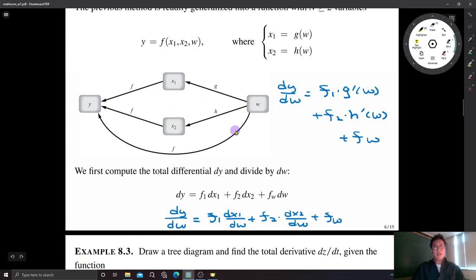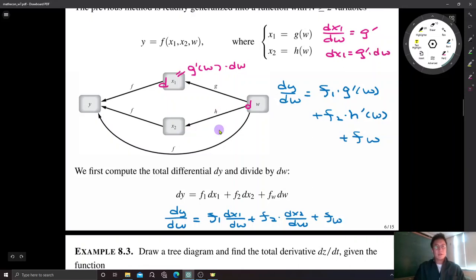So just as in the previous example, you can approach it from two different angles. The first angle is to think about changing w. So w changes by dw. Then the corresponding change in x1 is going to be g prime of w times dw, because dx1 over dw is g prime, so dx1 can be written as g prime times dw.